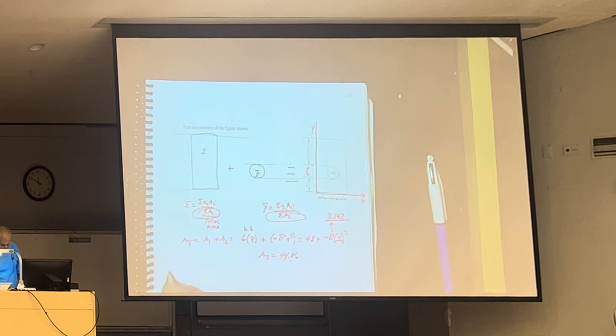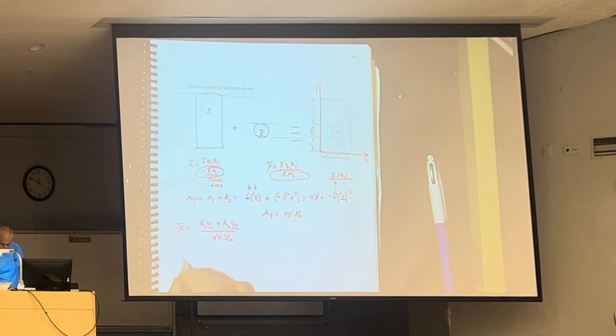Great. So now I know x bar is equal to area 1, x1, plus area 2, x2, divided by 44.86. And I know y bar is area 1, y1, plus area 2, y2, over 44.86. Agreed? This is going to be area 1.